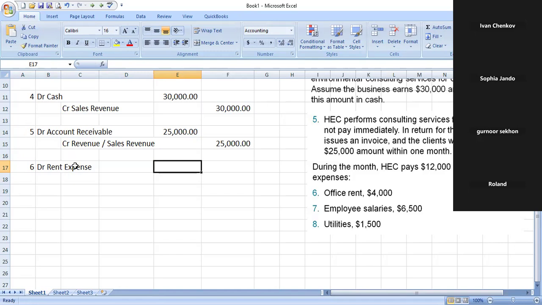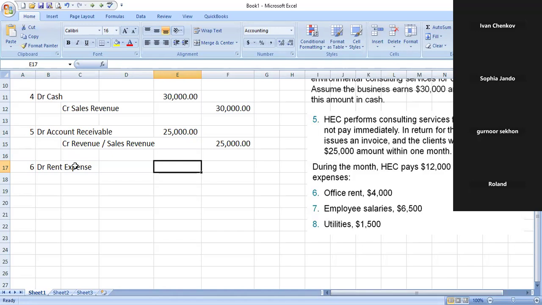Is it an asset? Is it an expense? Pretend that I don't know anything about accounting. So you have to tell me what exactly it is. If you put expense related to rent, that's acceptable. If you put rent expense, that's acceptable. You're going to get your marks. But if you only put rent, then I don't know what to do with it.